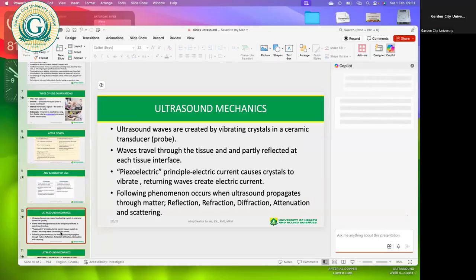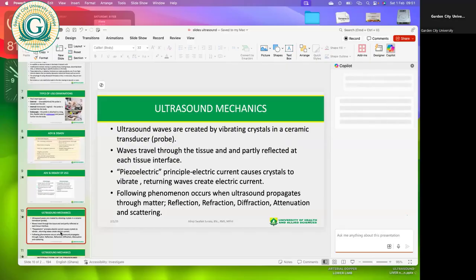So then we move on to ultrasound mechanics. As I have said earlier, ultrasound uses high frequency sound. How do we get the high frequency sounds? They are obtained by vibrating crystals known as piezoelectric crystals.